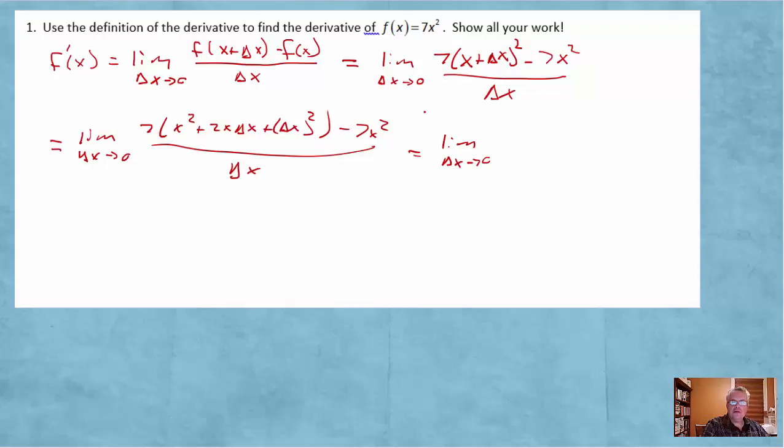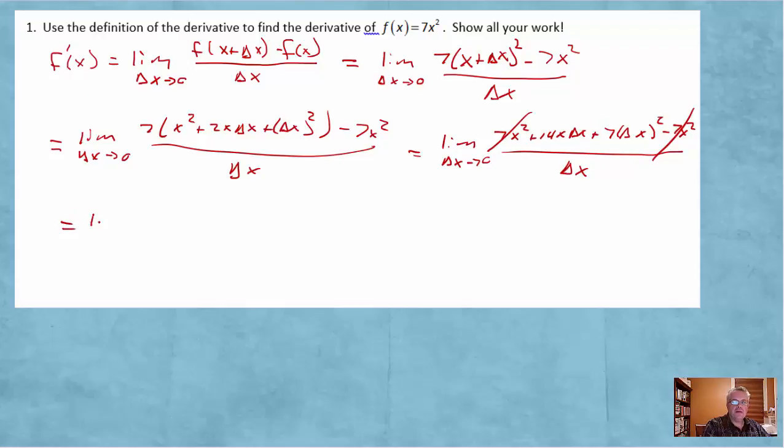And so if we distribute the 7, we get 7x squared plus 14x delta x plus 7 delta x squared minus 7x squared all over delta x. 7x squareds cancel, and we can factor out a delta x here. Every term has a delta x in it.